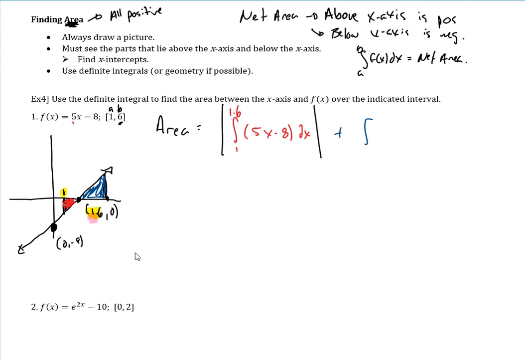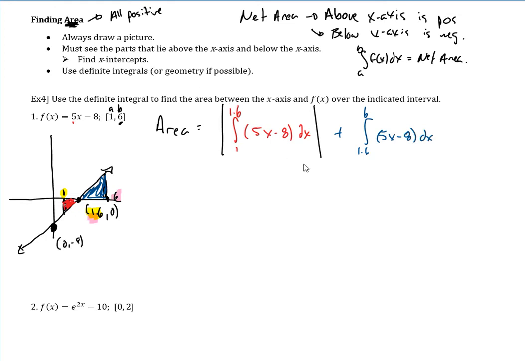I just didn't mark it on our picture, but x is 6 where it ends. So this one goes from 1.6 to 6, and it's still the same function, 5x minus 8. We put that in parentheses, and then dx at the end. This one doesn't need absolute values because it should be positive no matter what. Now let's go through it, and we'll take our time.